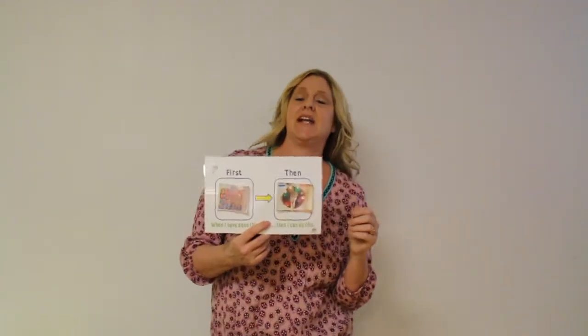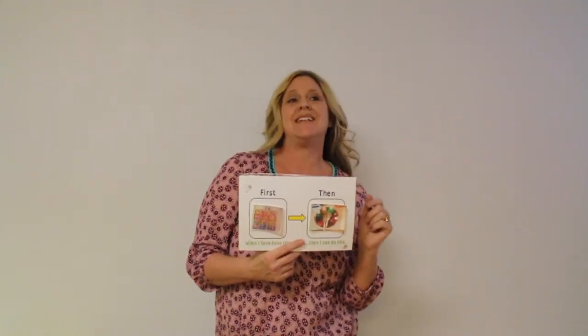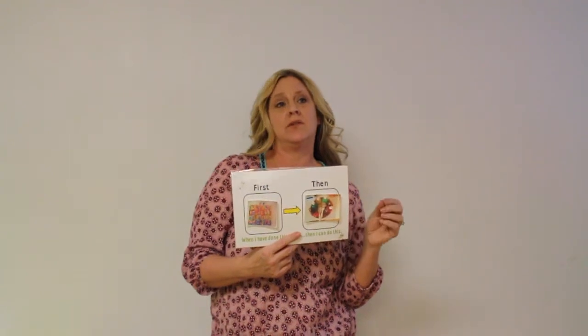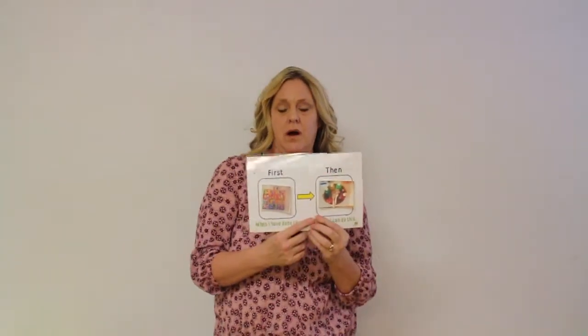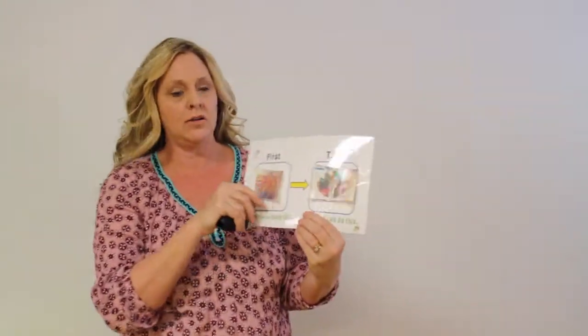So how do I teach and how do I use this? First of all, we need to decide what task, the first thing you want your individual to complete, so that's going to go in our first box. Here I have, it's kind of hard to see, I know, a picture of letters.